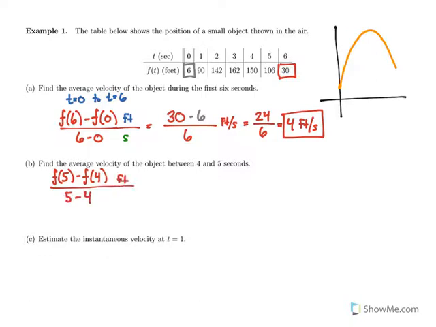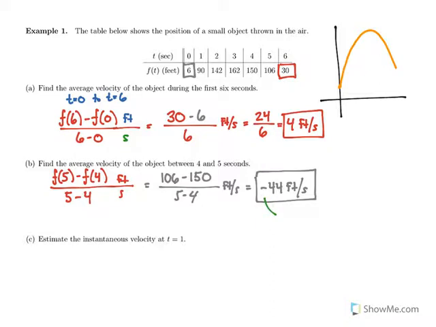And again, this is feet per second. f of 5 is 106. f of 4 is 150. And then we have 5 minus 4 on the bottom, feet per second, which is going to give us minus 44 feet per second.